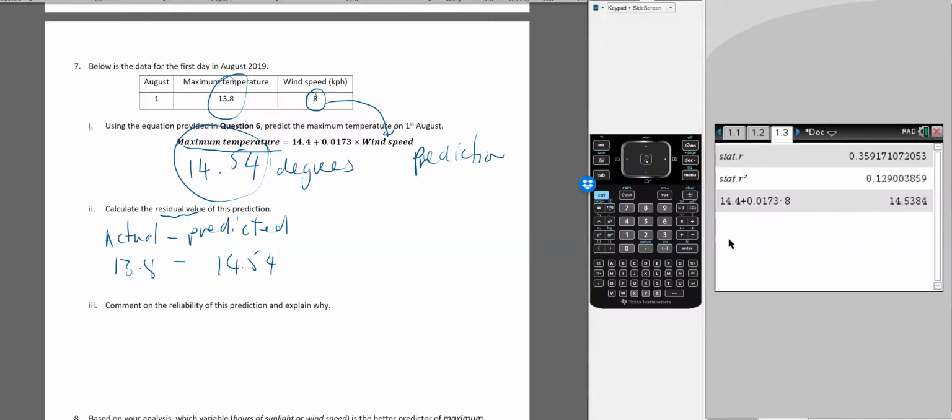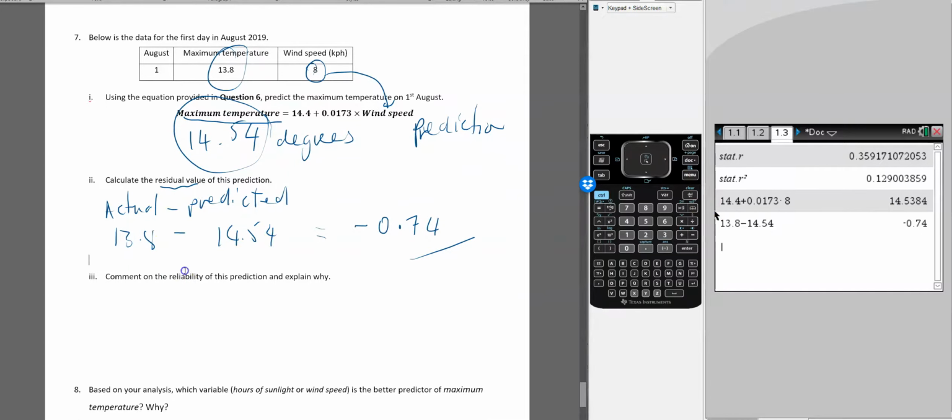So it's actually less than what we predicted, which means that our residual should be negative. And if we calculate this, 13.8 minus 14.54, we get negative 0.74, which is our residual value, which means that it's under what we predicted.